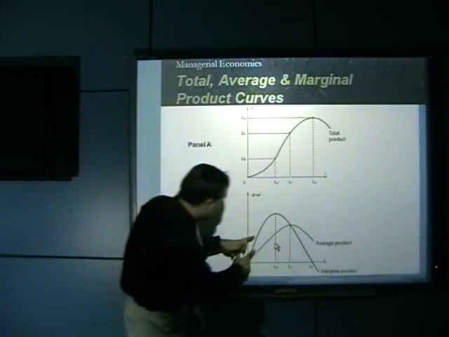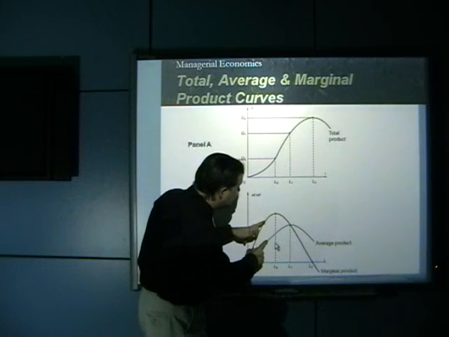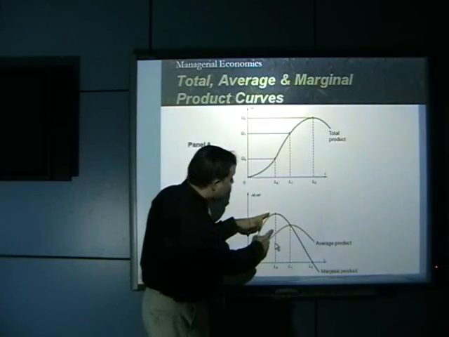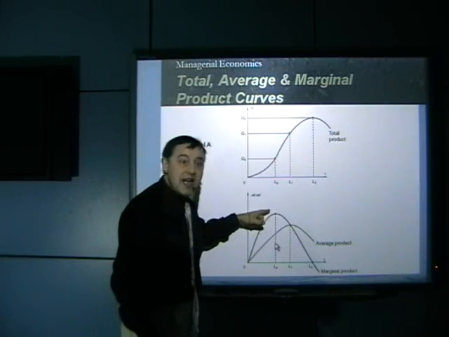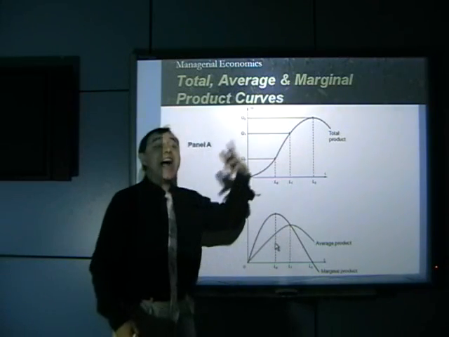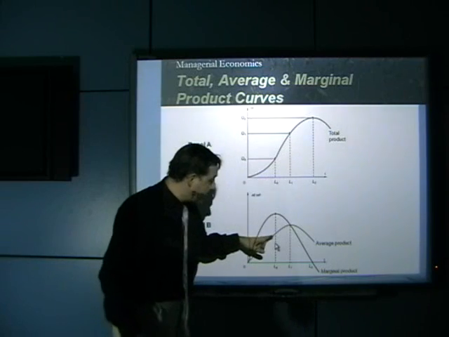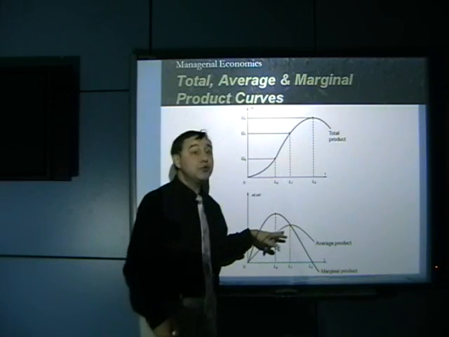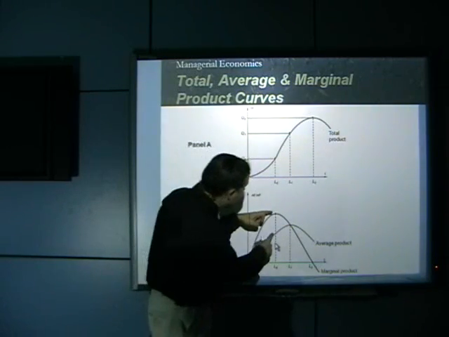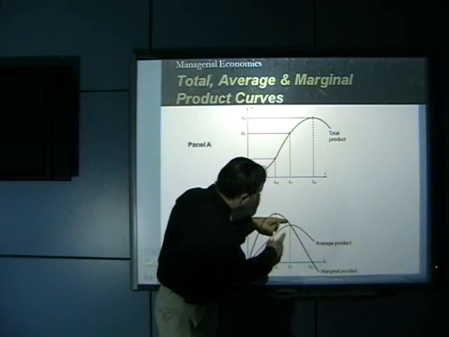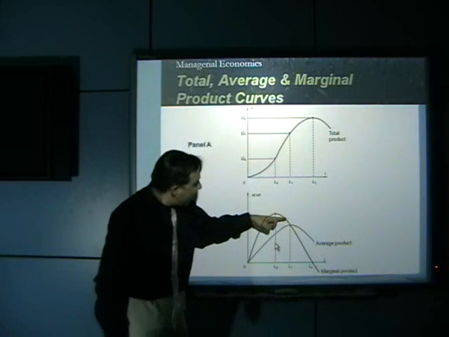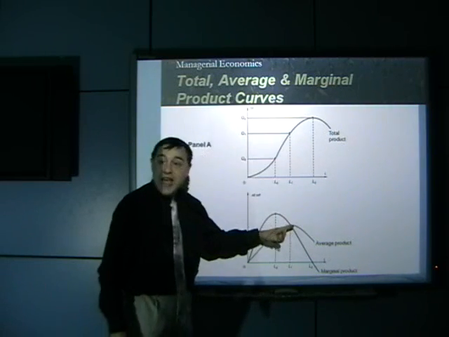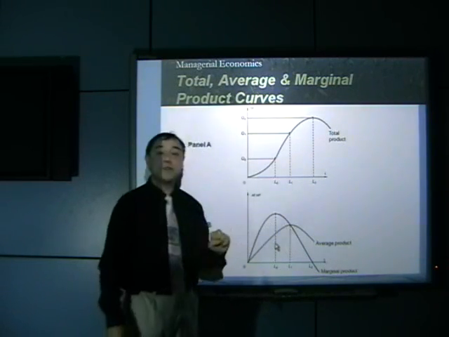So as long as the marginal is above the average, it is pulling the average higher and higher. In other words, adding an extra kit which is highly productive, meaning more productive than the average, will improve the overall average, and then you'll see that the crossing point of the marginal to the average is always at the maximum.